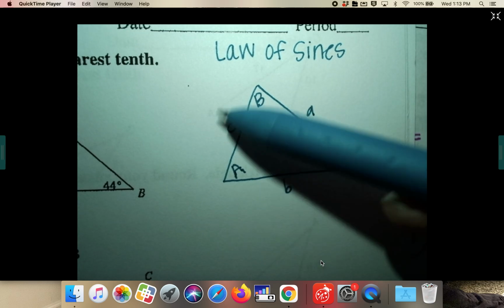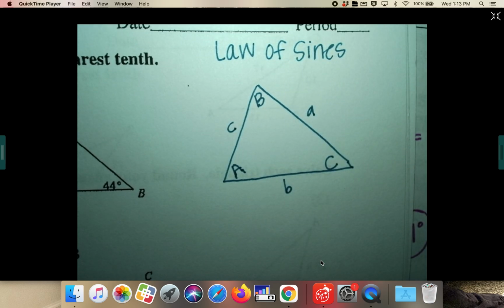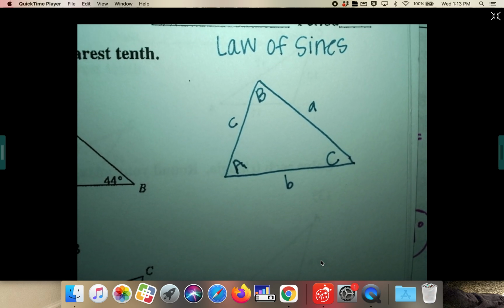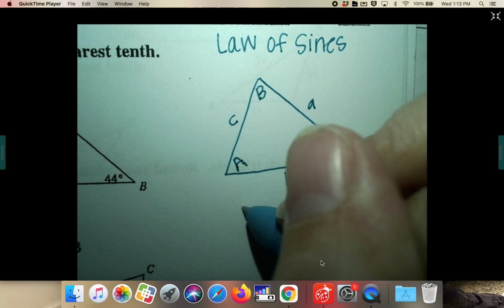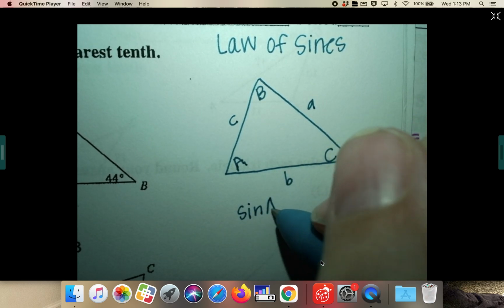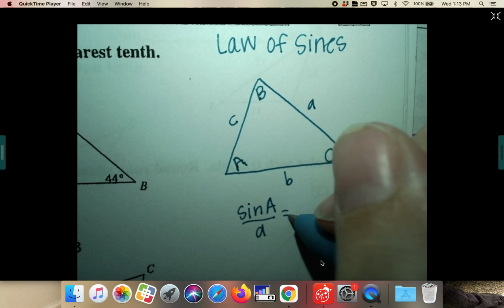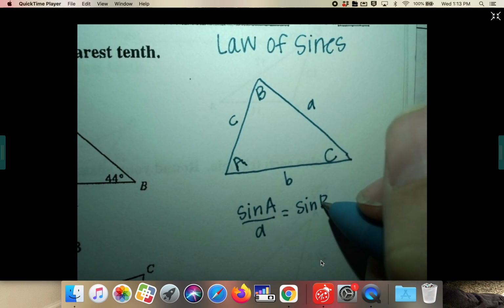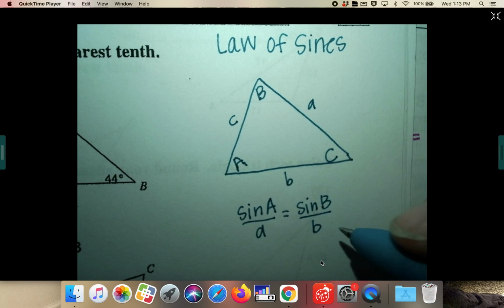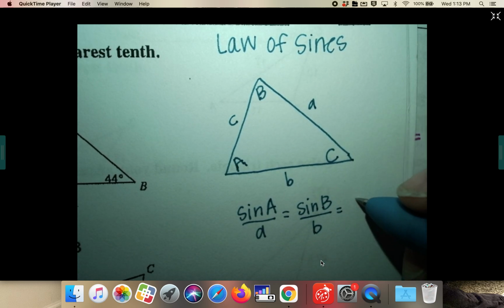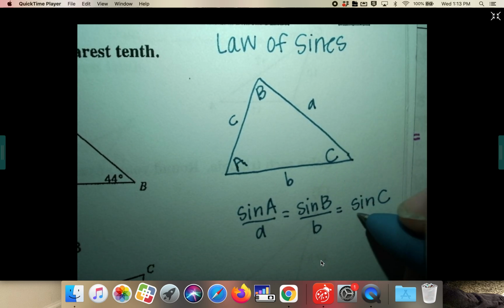So in this picture, that is not a right triangle, and it's also not supposed to be an equilateral triangle, the ratio for the law of sines would be sine of angle A over lowercase a, which is side a, is equal to sine of capital B, that's the angle, over side b, and that's also equal to sine of C over c.